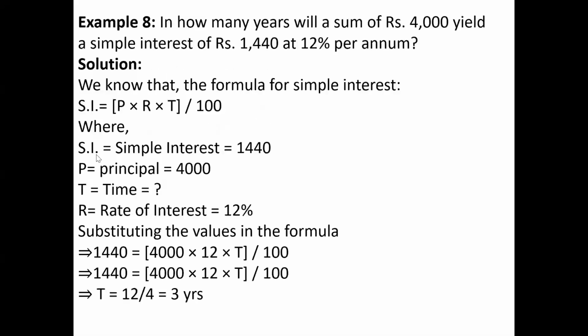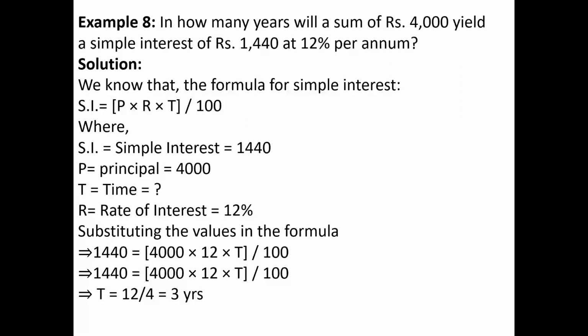Next, in how many years will a sum of rupees 4000 yield a simple interest of rupees 1440 at 12% per annum? We know the formula for simple interest, SI equals PRT by 100.